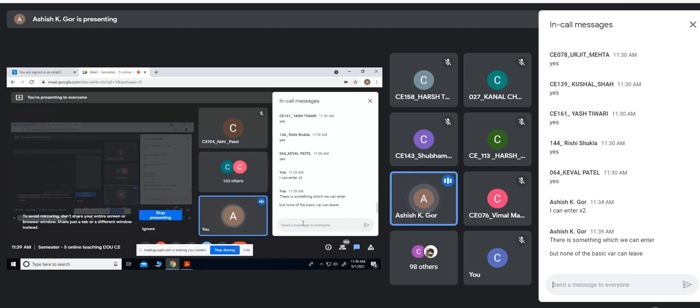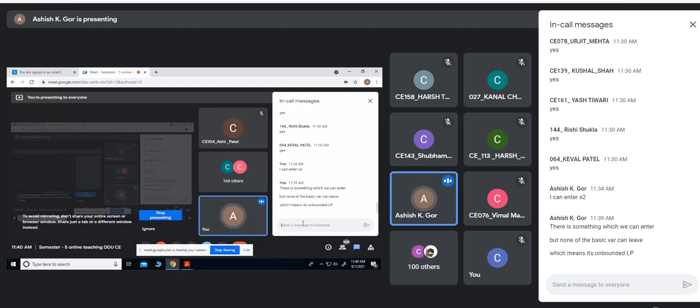Out of the existing basic variables, some should leave and make space for the new variable which is trying to enter. But that doesn't happen, which means it's the unbounded linear program case. Are you getting this criteria?